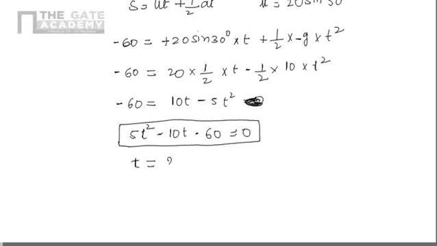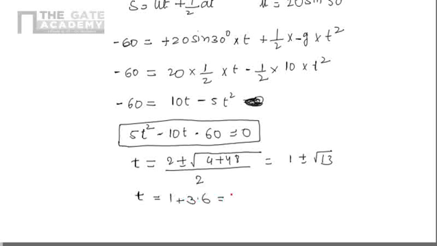T will be 10 plus minus root of 100 plus 1200, divided by 10, so we will get 1 plus minus root 13, that is 1 plus 3.6 equals 4.6. I am not taking the negative sign here because the time cannot be negative. So I am just taking the positive sign. So we got the value of T, that is 4.6 seconds.